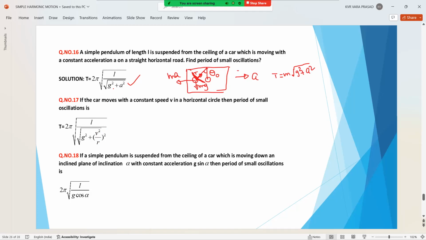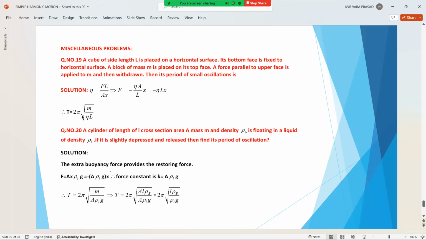The remaining is as it is. Therefore, it is square root of g square plus (v square by r) whole square. Let us see the next problem.